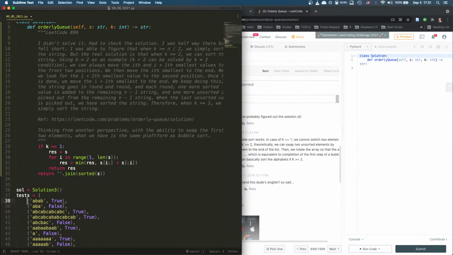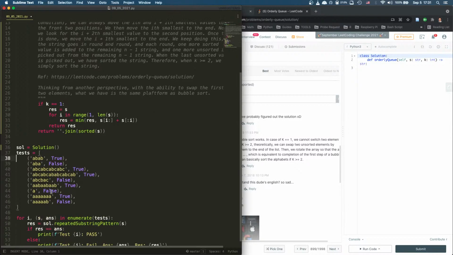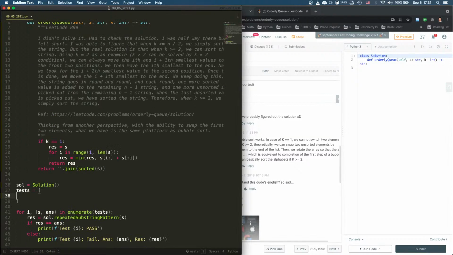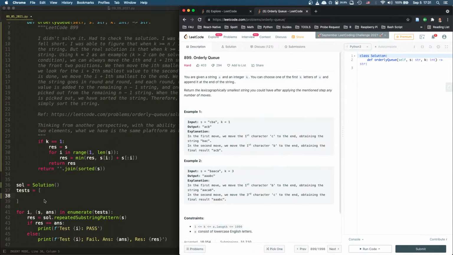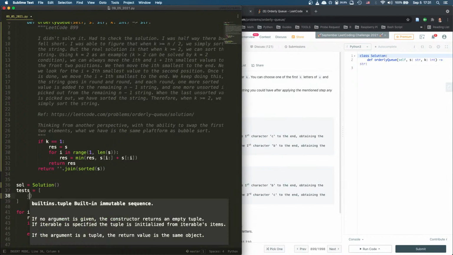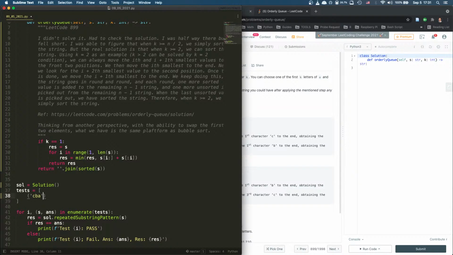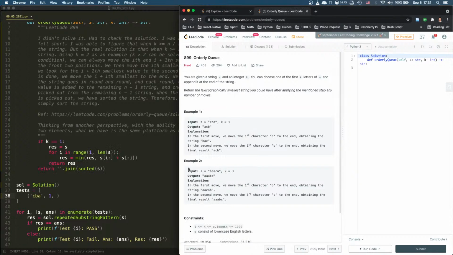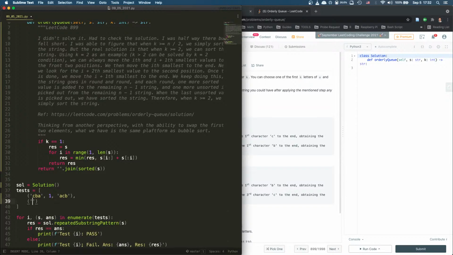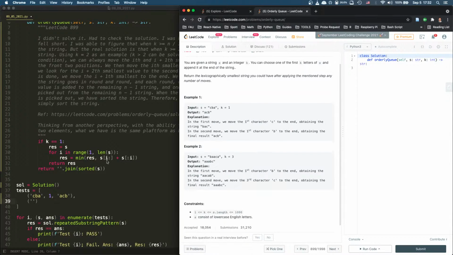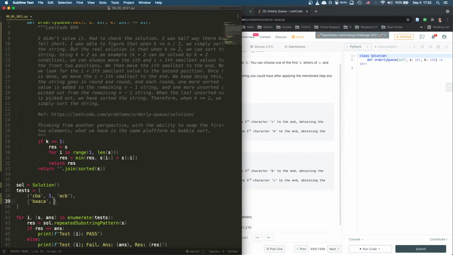Okay, so let's run the test cases, just in case I get something wrong. We have CBA with 1. That shall give us ACB. And then the next one, BAACA with 3, gives AACBC.